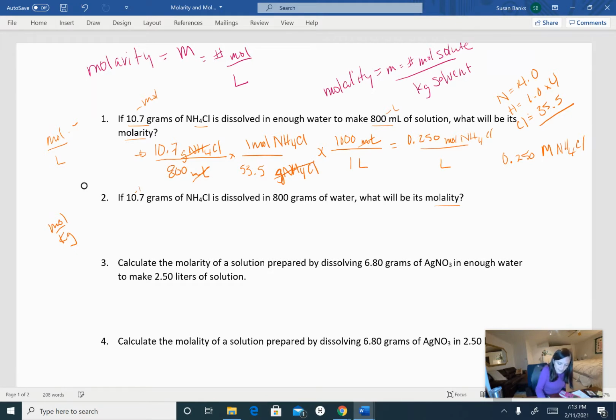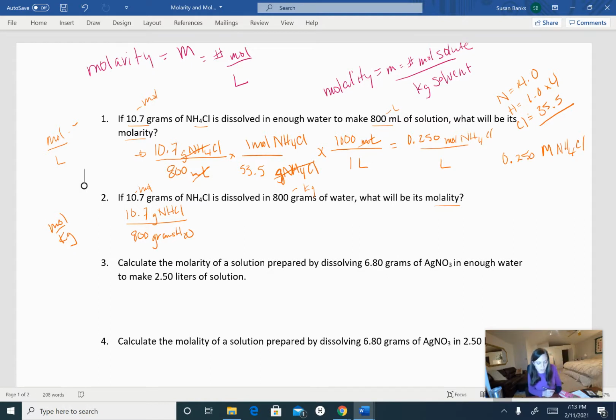So we're going to have to get this into moles, and we're going to need to get this into kilograms. Okay, so I'm going to start just with this: 10.7 grams of ammonium chloride, and I have my 800 grams of water.